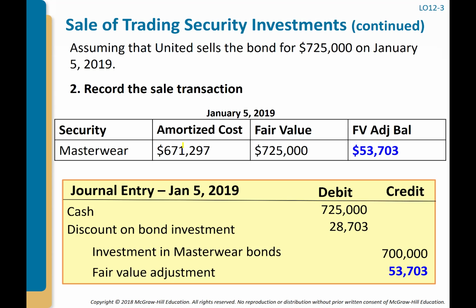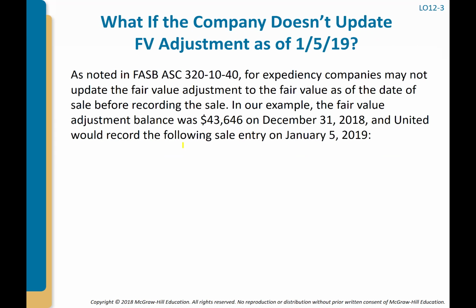If you're getting rid of the security, you get rid of the discount. You credit the investment in the marketable security for 700,000, and now we have a fair value adjustment of 53,703, which is essentially getting rid of that entire fair value adjustment, right? This is all on the balance sheet, just taking that whole security off of the balance sheet.